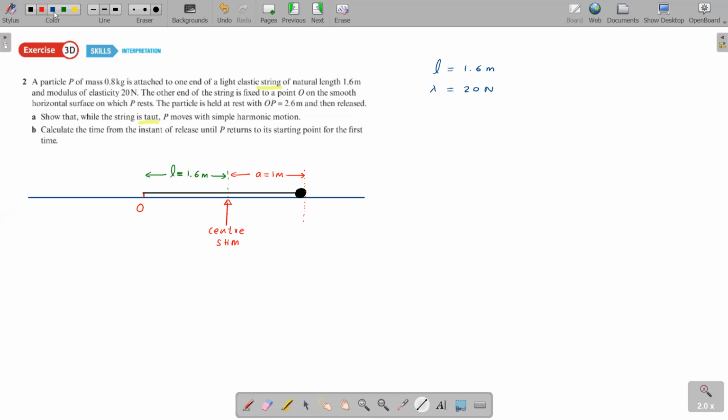Okay, let's draw another diagram. So this is point O. And then you have to consider the center. This is the center.